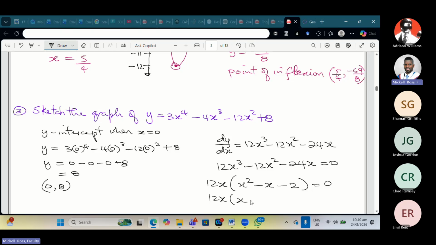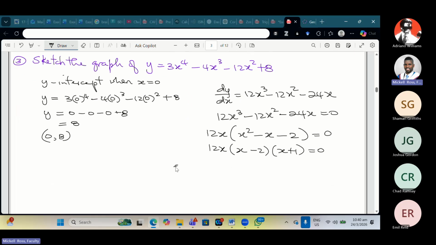So this is going to give us (x minus 2)(x plus 1) equal to 0. So either 12x is equal to 0, or x minus 2 is equal to 0, or x plus 1 is equal to 0.